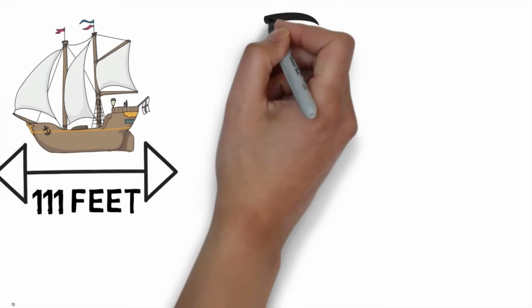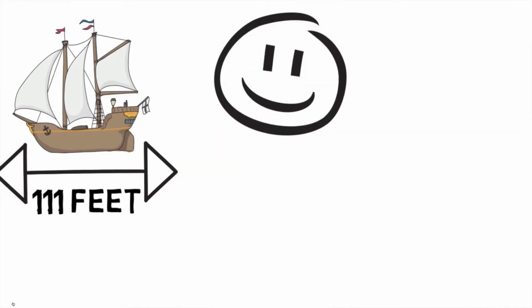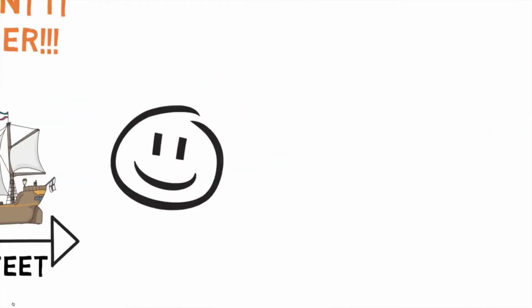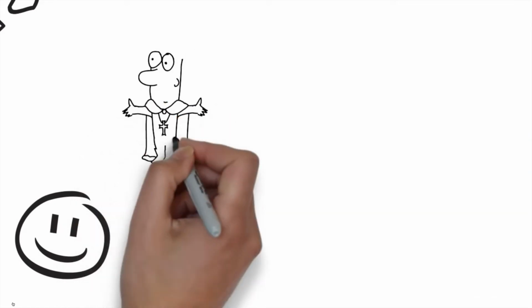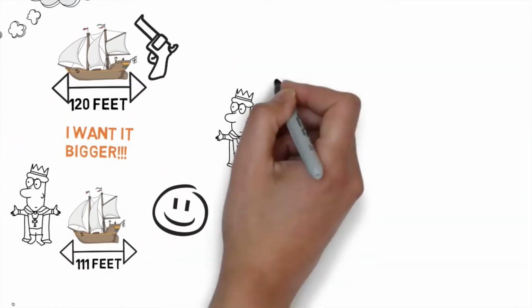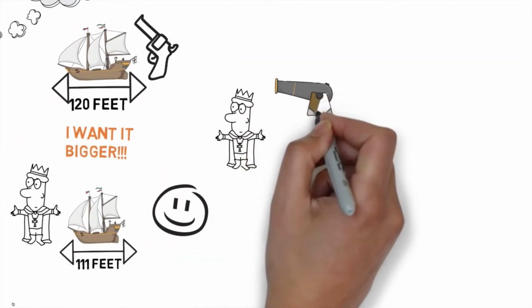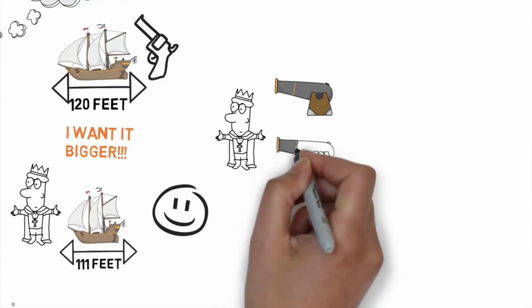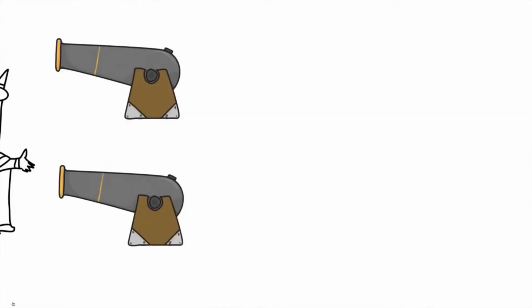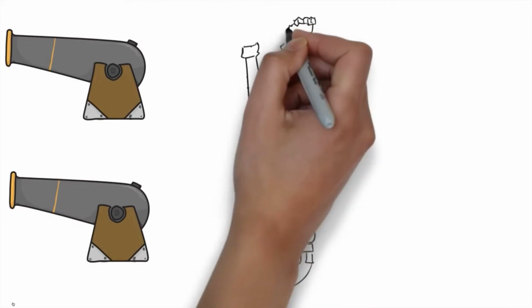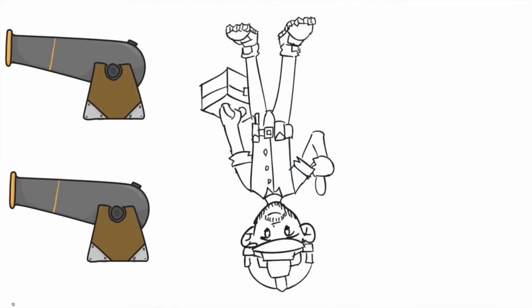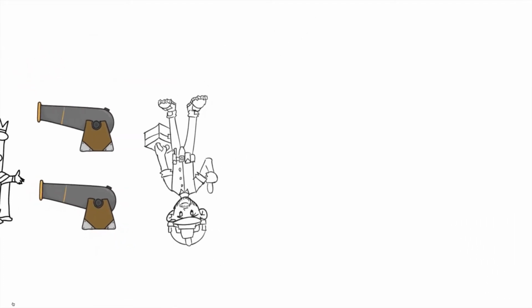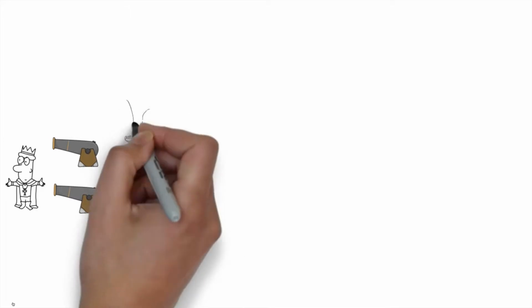Henrik and his team were happy because they finished the 111-foot keel in record time. However, his beloved king appeared with another new requirement. In Denmark they're building a larger ship and it has a double row of guns, and I want ours to be like that. Henrik was desperate. The king was asking for something that seemed to be against the laws of physics, and he had no materials, no blueprints, no specifications, no experience in building such vessels, and no time.